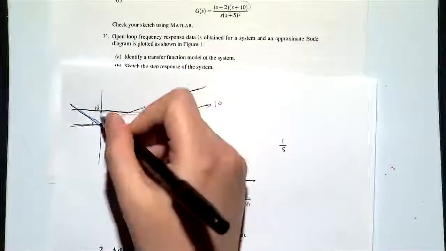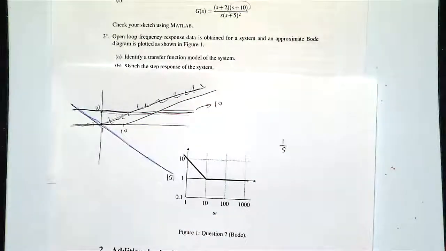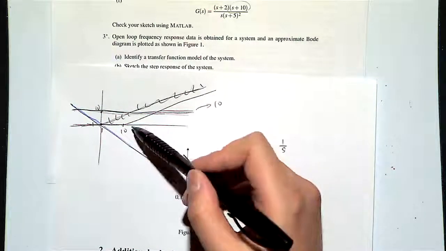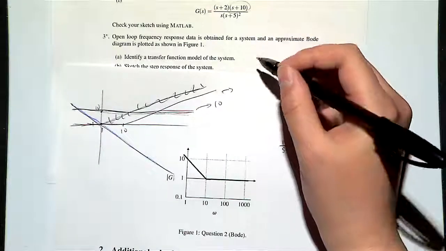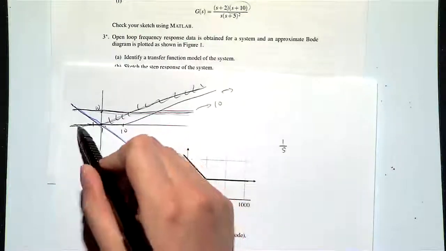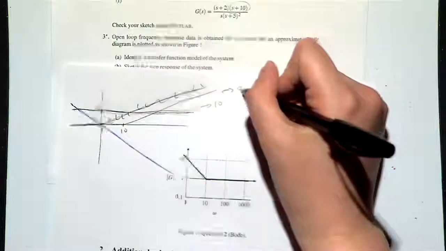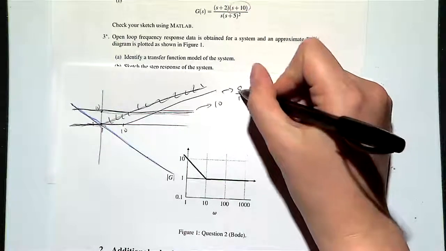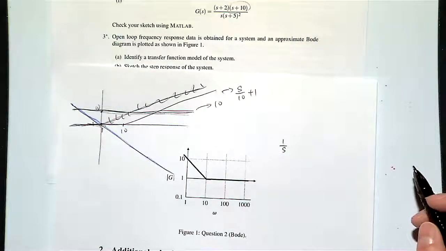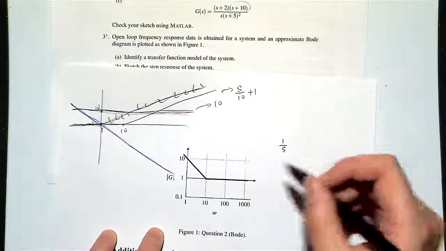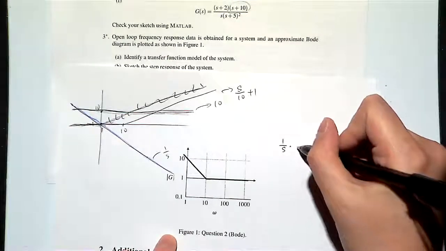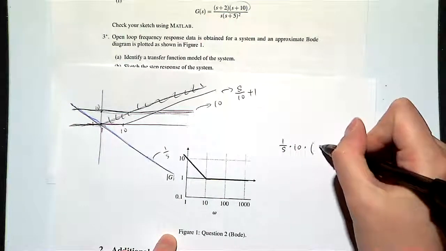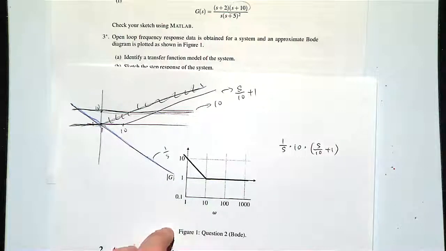It is rising here. What is this? It's not S plus 10, because in the low frequency it's at 1. So it's S over 10 plus 1, right? And now we can put all of them together. Well, this is 1 on S. So you put all of them together, you have 1 on S times 10 times S on 10 plus 1, right?